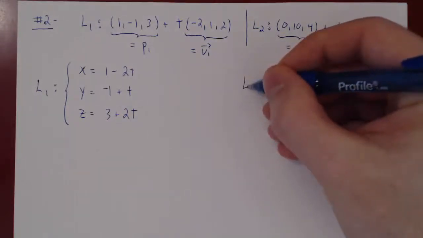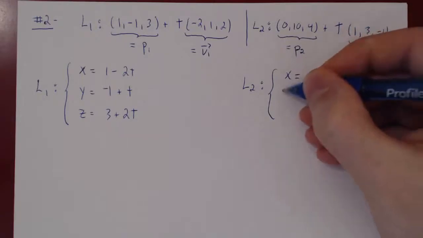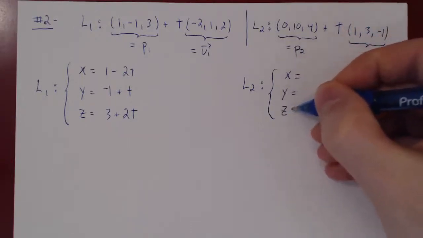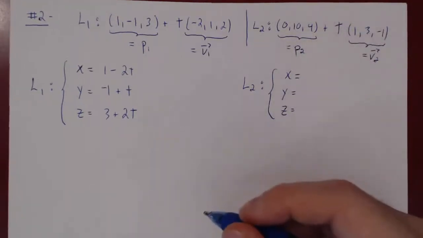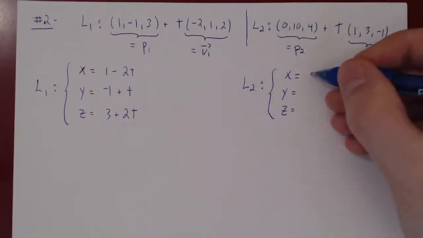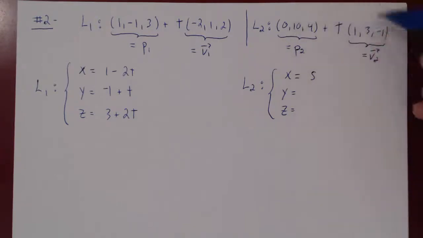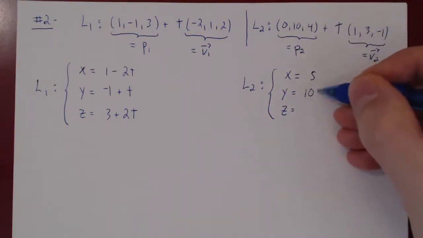Let's look at line 2 now, and its parametric equations. As we've said though, we'll change the dummy variable t here for s. So x would be 0 plus 1s, so just s. y will be 10 plus 3s.